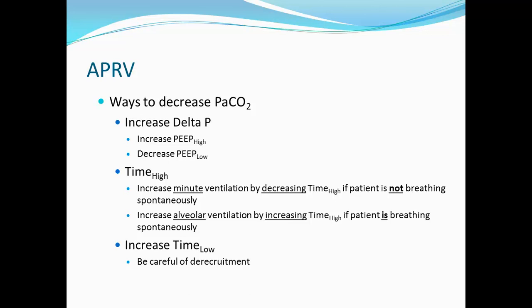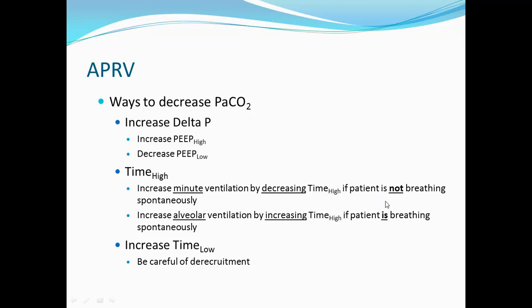However, as we decrease the time high, we will spend less time at time high, it will drop the mean airway pressure, and it may decrease the overall surface area of the lung, so we have to be very careful. Generally, we will only decrease the time high if the patient is not breathing spontaneously.